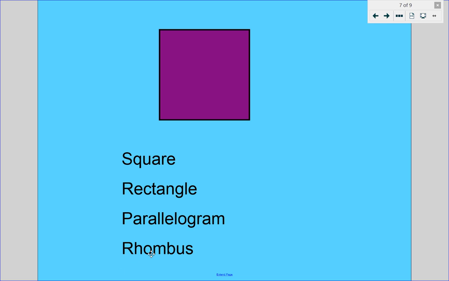And it's also a rhombus because all lengths of the 4 sides are the same size. So that, what we commonly call a square, is also a rectangle, parallelogram, a rhombus, and a quadrilateral. So, 5 different titles that we can put on this. A square, a rectangle, a parallelogram, and a rhombus, and then the general category of a quadrilateral.